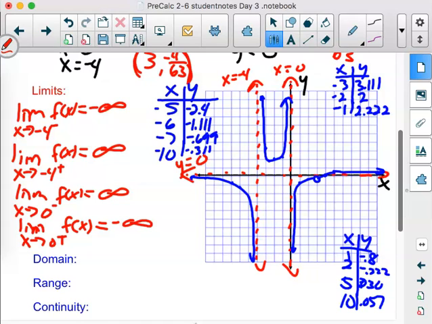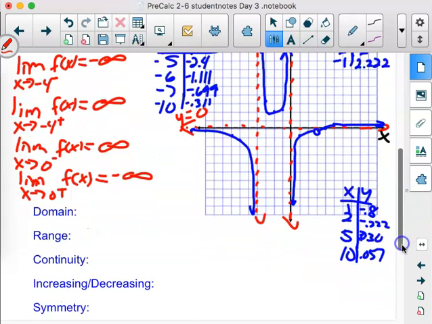So we have all those taken care of, but now the rest of this is going to be more complicated than what we've done in the past because we have that hole to think of, and we had a local min, we had a local max. There's a lot of things that we have to keep track of. So for our domain, we'll start at -infinity, but we'll get to -4, and we're going to have to hop off the number line and hop back on.